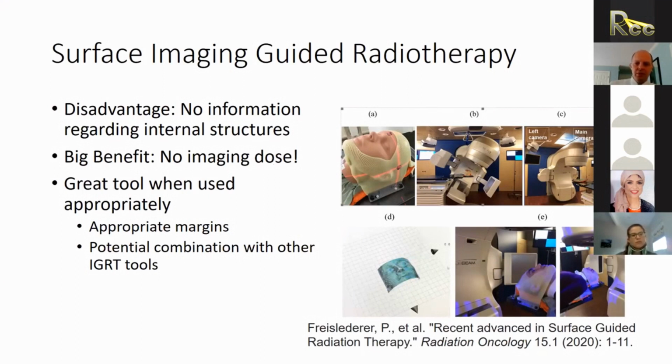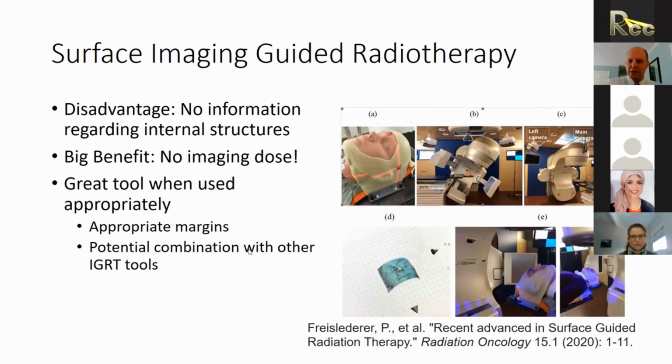Some notes about using it appropriately: make sure that you use it with appropriate margins, accounting for what that uncertainty is, and have a good, realistic idea about what the uncertainties are going to be using this. The other thing is potentially combining this with other image guidance tools, and often this is the way it is used.